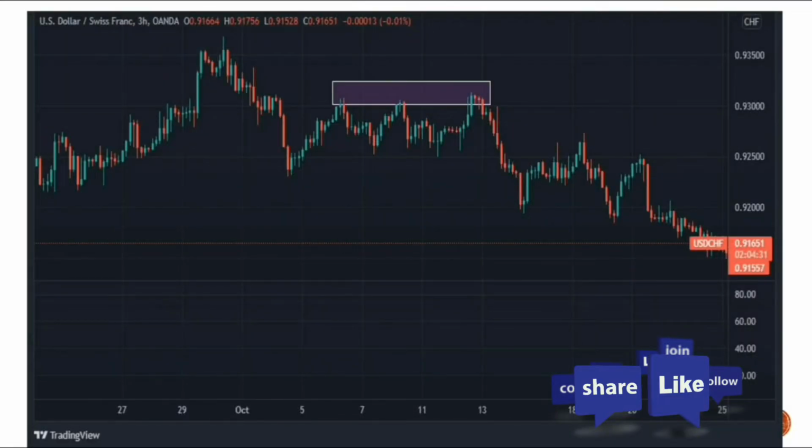If you look at this, we can see that price was respecting our resistance level for a while before moving down as supply exceeded demand. We can add support and resistance trading to our supply and demand strategy, and these levels can also help us to see when and where price will move.